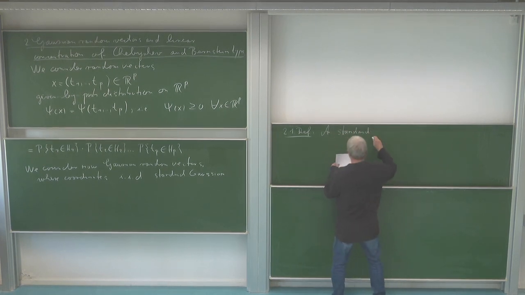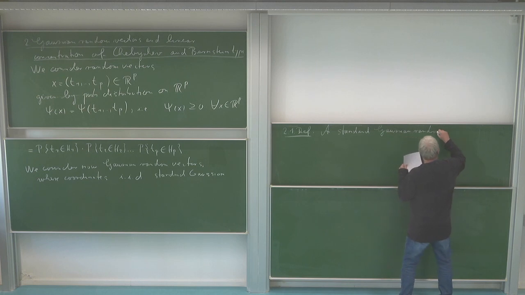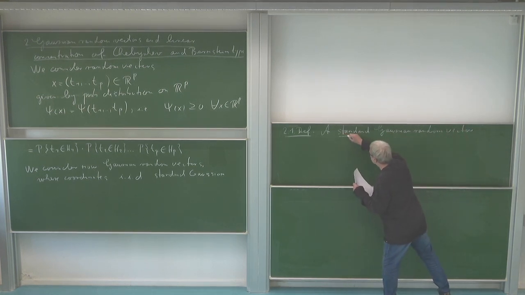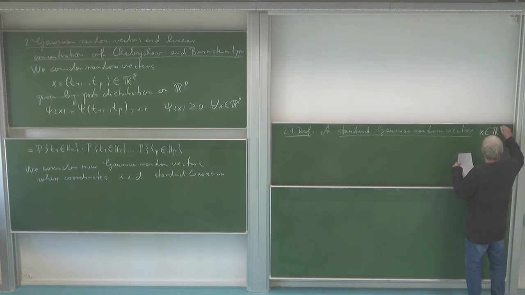A standard Gaussian random vector is what I more or less said before already. So this is a vector in R to the p, and as usual I denote the components of the vector by t1 up to tp.